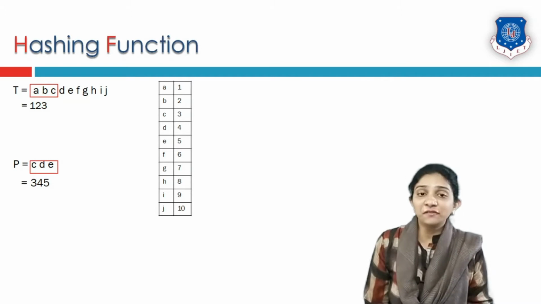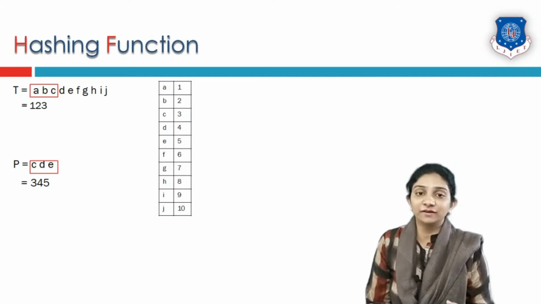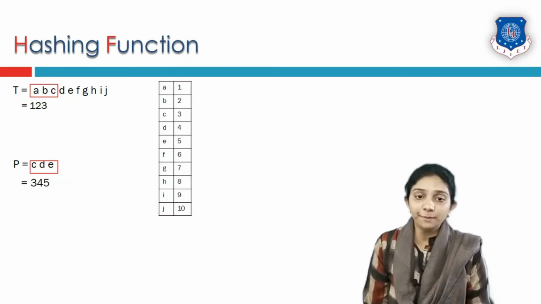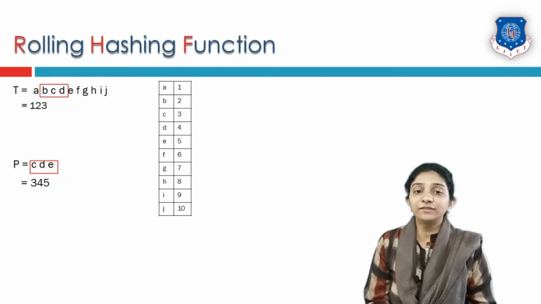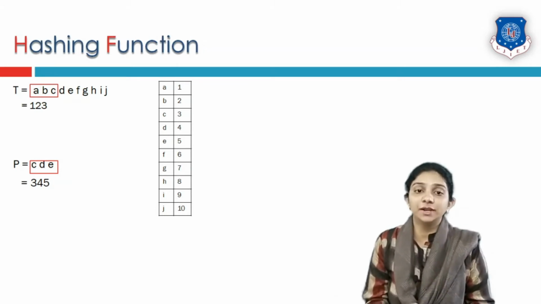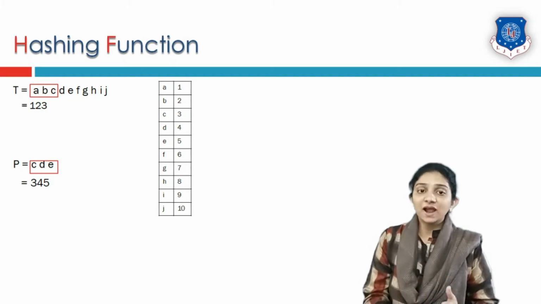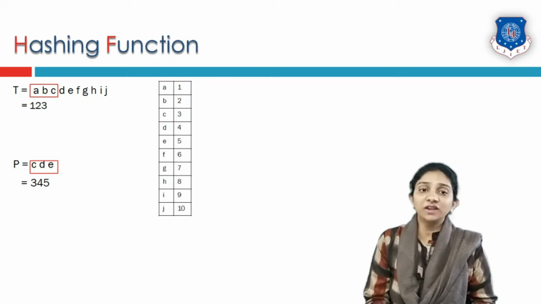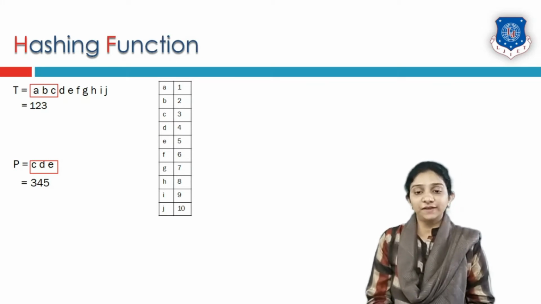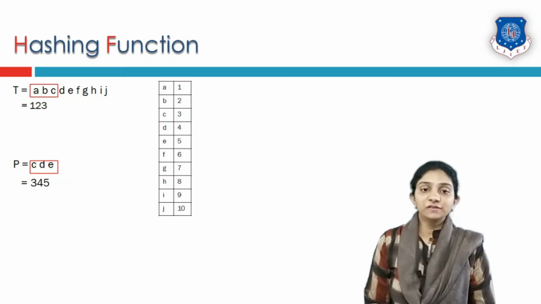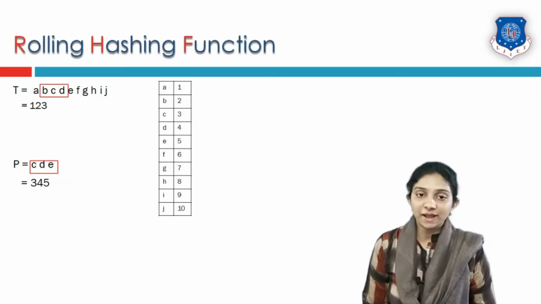So instead of comparing 3 different characters, it is much more convenient to compare only 2 numbers. So I will compare 345 with 123. If they are not equal, then we conclude that the characters of pattern are not matching with characters of text.